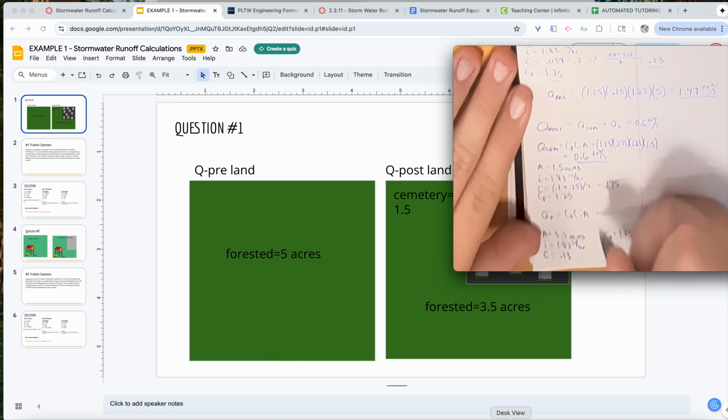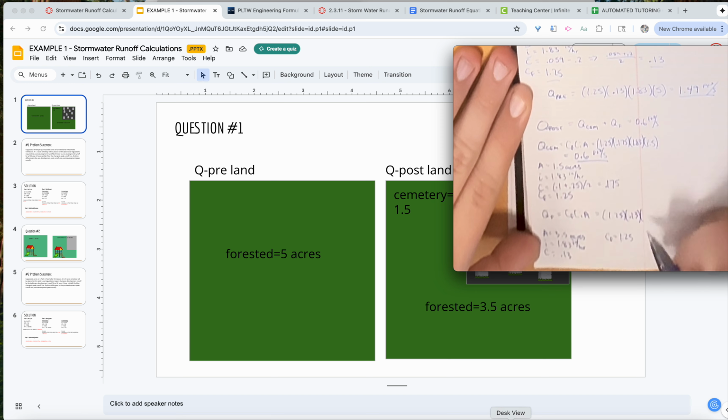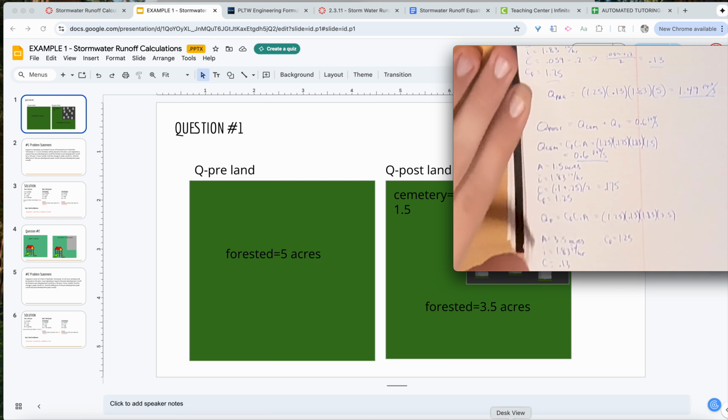So now we can calculate the Q of the farmland. CF is 1.25, multiply that by C, which is 0.13, multiply that by I, which is 1.83, then multiply that finally by our acreage, 3.5.